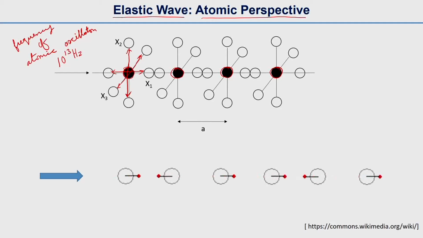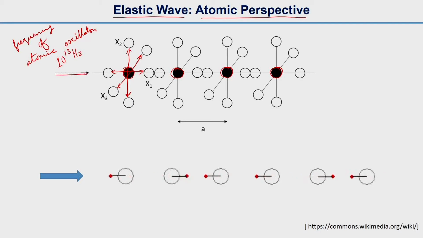So in a second it will oscillate 10 to the power 13 times. We have broken this down into the x1, x2, x3 directions, and we will now see how we can determine an approximate elastic wave velocity from this atomic perspective.